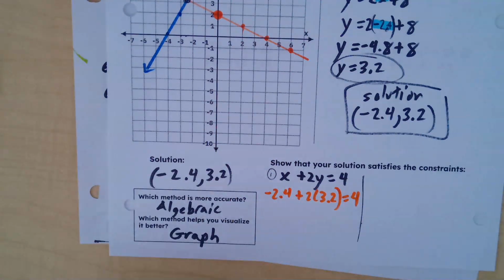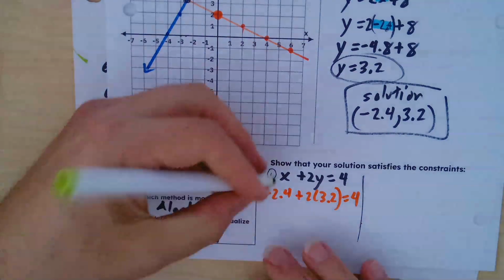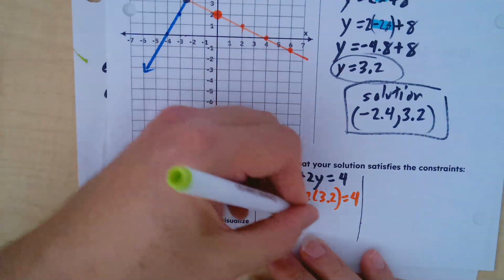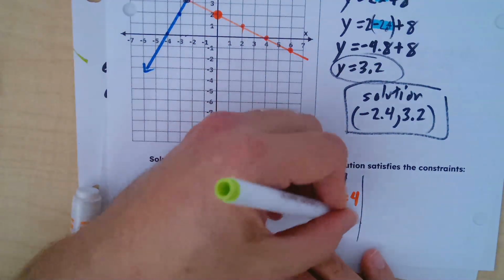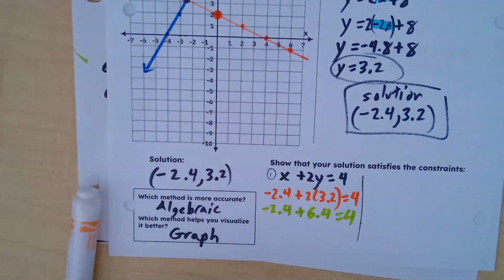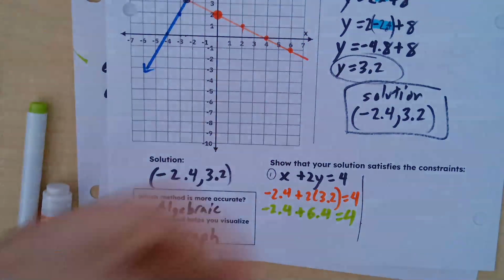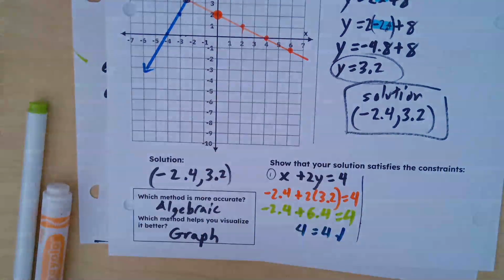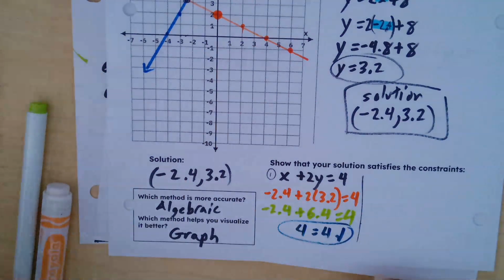And then that gives me negative 2.4 plus 6.4 equals 4. And then I get 4 equals 4, which is correct.